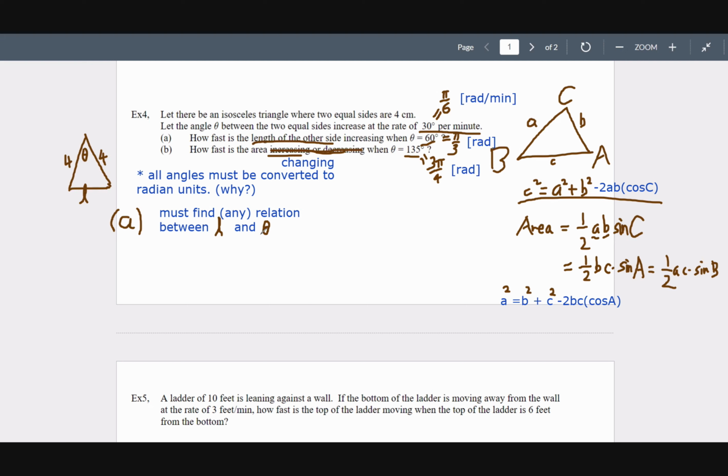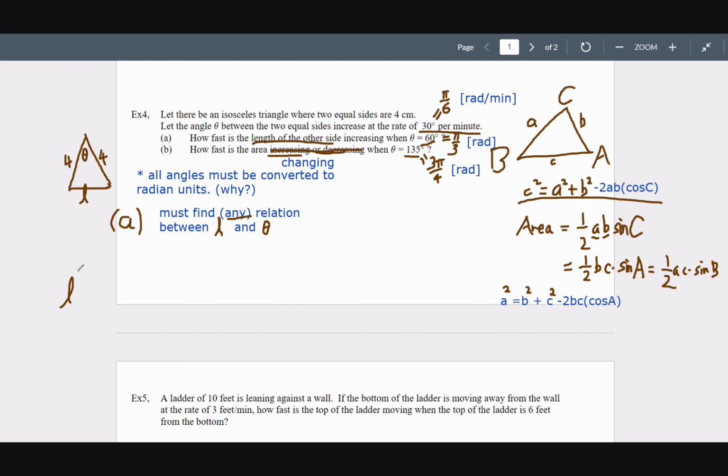So we need a relation between L and theta. Now, what kind of relation do we need here? Not any relation. Any equation which relates L and theta will do. So, what do you think is a good relation? How about this?